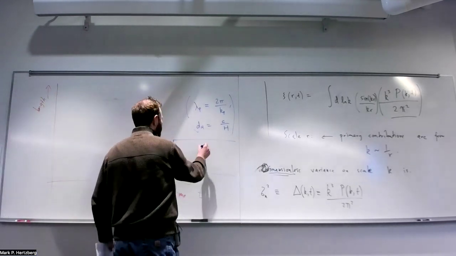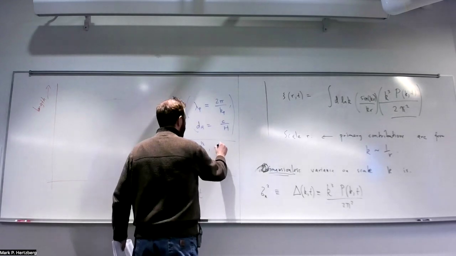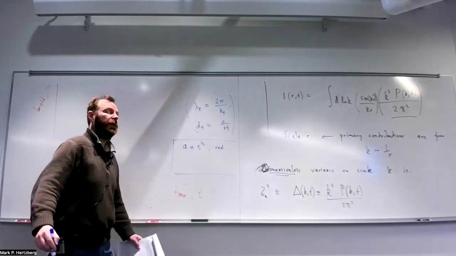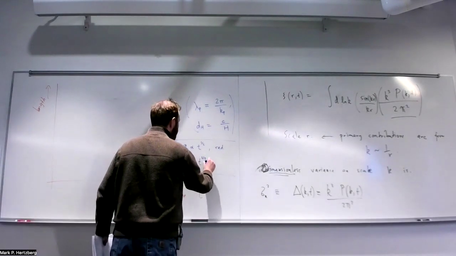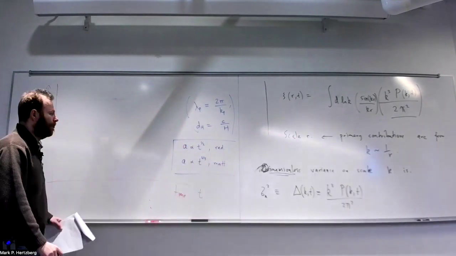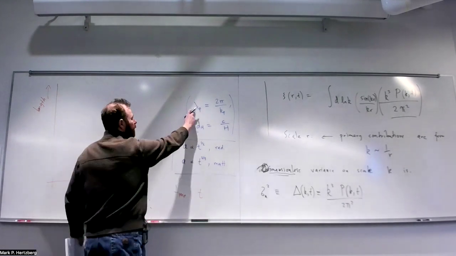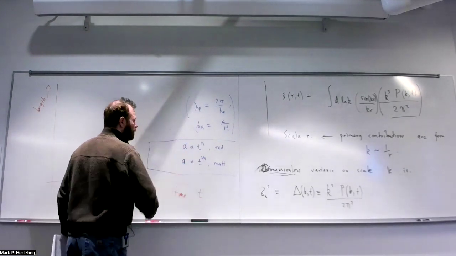Well, let's remind you. Let's say we're in radiation. A is proportional to t to the 1/2 in radiation, and A is proportional to t to the 2/3 in matter. So if I look at the physical wavelength, let's start with that one.